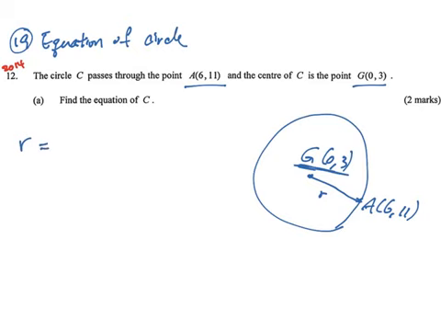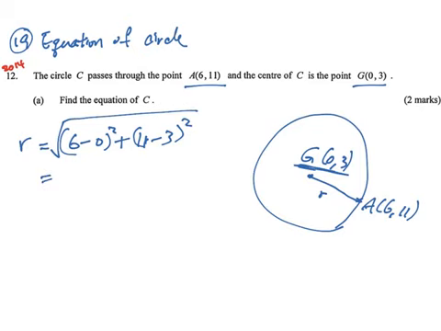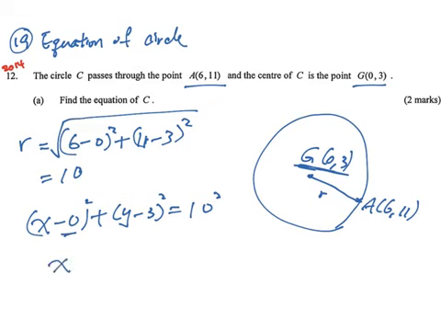So for radius we use the distance formula: 6 minus 0 square plus 11 minus 3 bracket square, take square roots. We get the radius 10. Now we have center and radius, so we can create the equation of circle: x minus 0 square plus y minus 3 square equal to 10 square. Minus 0 means x square plus y minus 3 square equal to 100. It is the equation of circle.